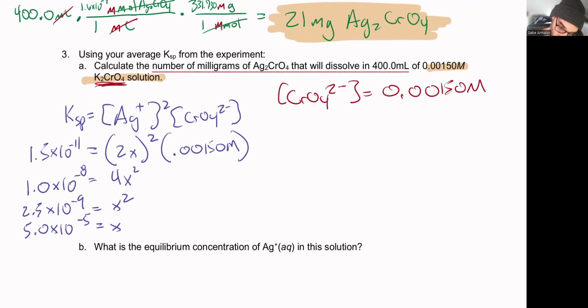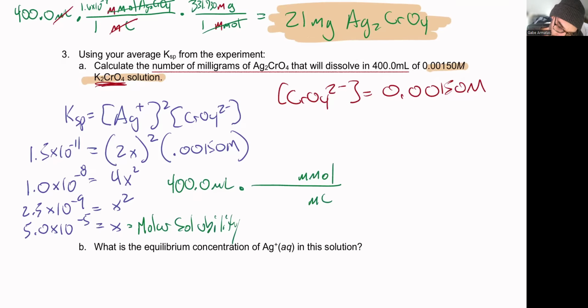All right, so 400.0 milliliters times a fraction. I want milliliters to go away, and I want to be left with millimoles. Again, we're using the trick where I put milli in front of moles and milli in front of liters, and that is my value of X. And again, remember, X is just simply the molar solubility in this case.